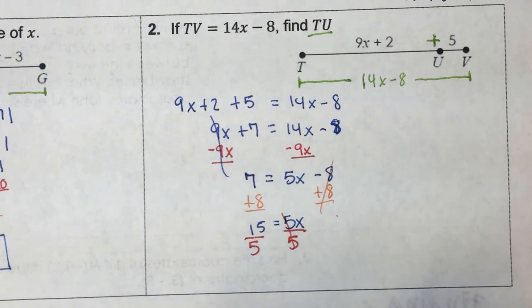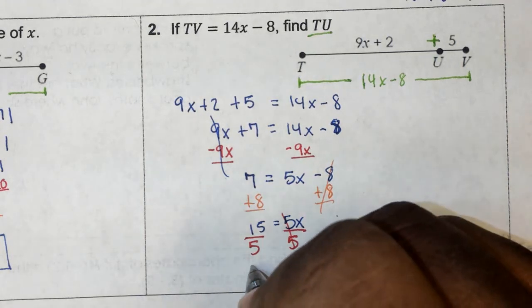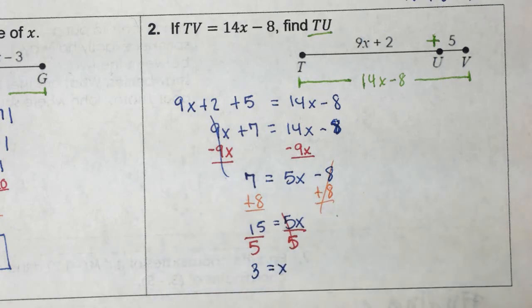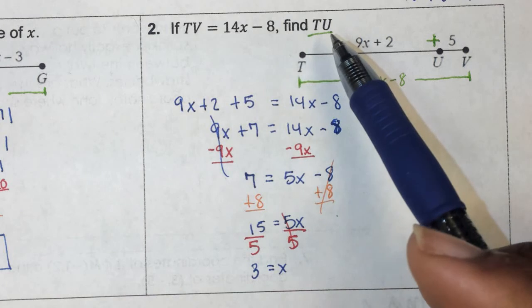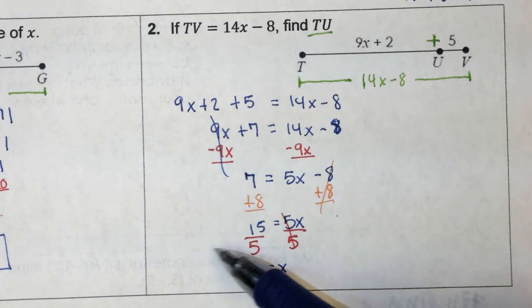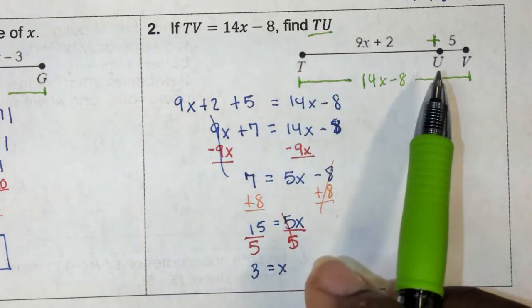Cancels. And then we get 3 equals x. If you don't feel comfortable with that, you can reverse it and make it x equals 3. I'm not going to box that like I did my last one, because that's not my answer. They told me to find TU. Now that I found what x is, I need to find TU. So to find TU, I'm going to plug back in, but to the right thing. I'm going to plug into this one right here, which was TU.